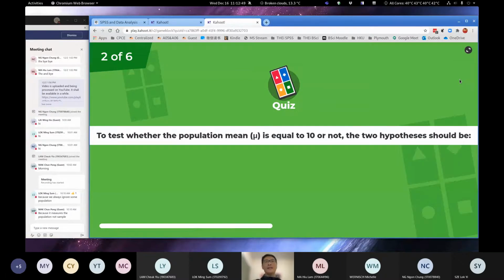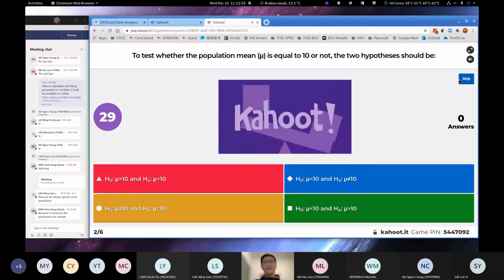Okay, the second one. To test whether the population mean, mu, is equal to 10 or not, what should the two hypotheses be? How do you write down the null hypothesis and the alternative hypothesis in this case?